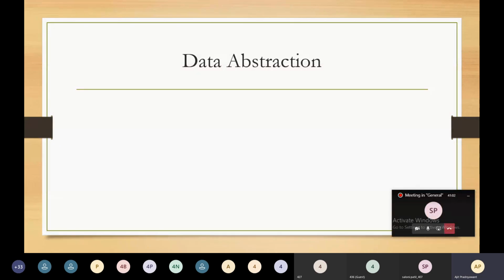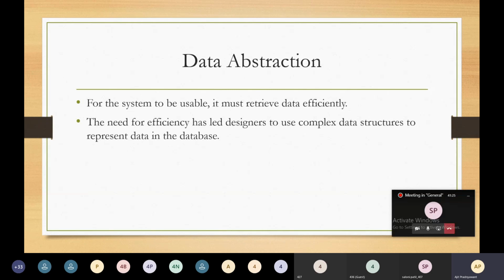So next is data abstraction. For the system to be usable, it must retrieve data efficiently. This is one of the important features of a database system. It must retrieve data efficiently, in an easy manner. The need for efficiency has led designers to use complex data structures to represent data in the database system.